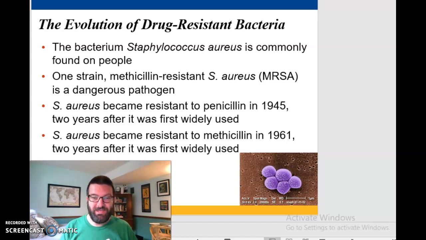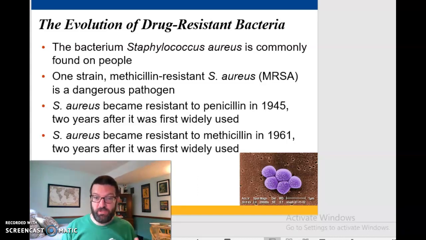And usually we can get rid of it with antibiotics. Specifically, we'd use methicillin. But now, methicillin-resistant Staphylococcus aureus has evolved. It's a strain of staph that is no longer susceptible to methicillin, and we call it MRSA, and it's become very dangerous.